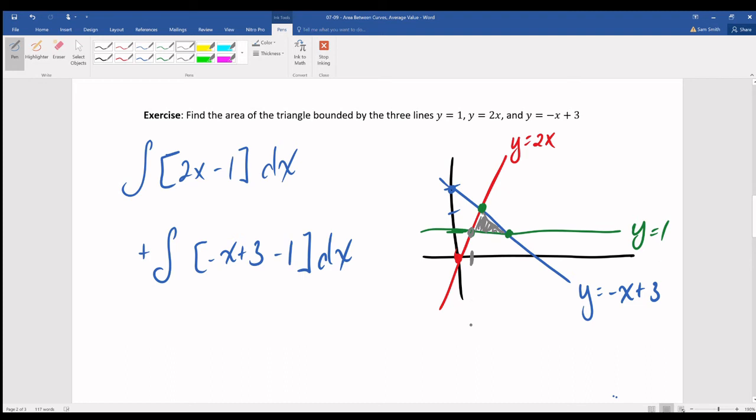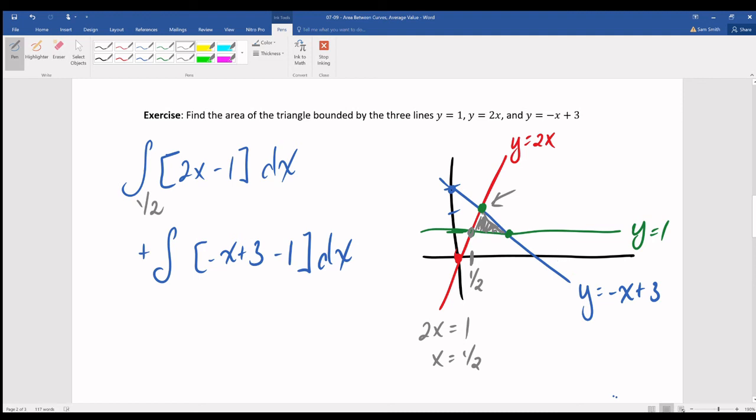So if I set 2x equal to 1, the point where those lines intersect has an x value of 1/2. That's where that first region begins. Now this second x value of interest occurs at this point where the red line and the blue line intersect one another.